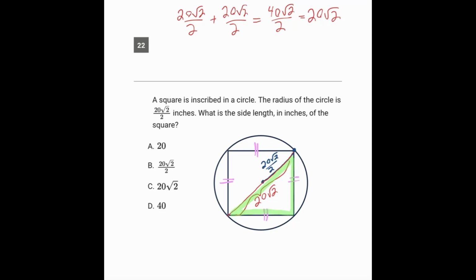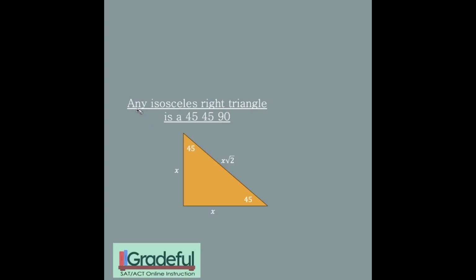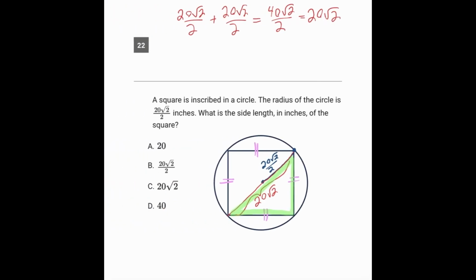And why do we care? Because any isosceles right triangle is automatically a 45-45-90 triangle. And you should know that ratio by heart, even though it's given to you on the formula sheet. The ratio for the 45-45-90 triangle is x, x, x root 2.